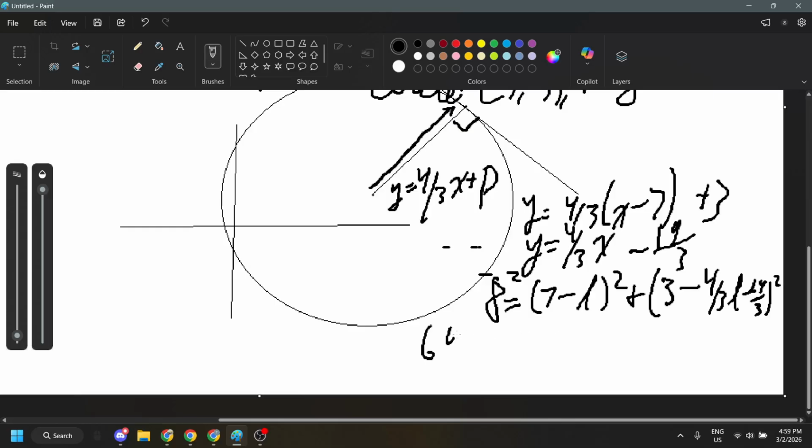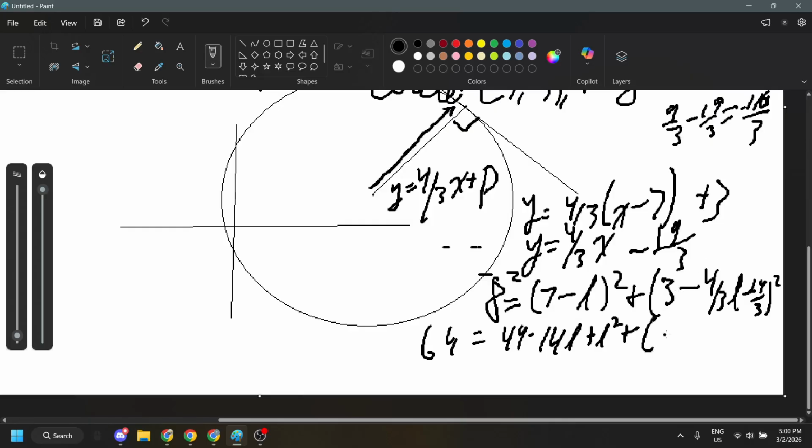Okay, so we have 64 is equal to 49 minus 14 L plus L squared. Plus, this is going to be 9 thirds minus 19 thirds, which is negative 10 thirds. So negative 10 thirds squared is 100 over 9.